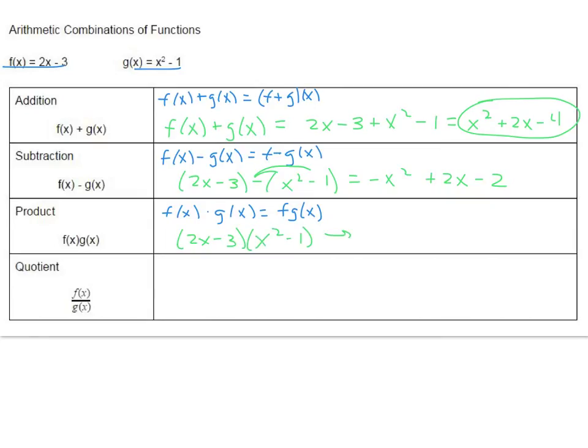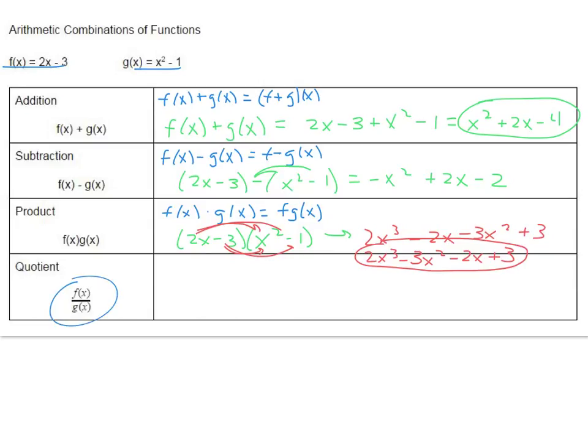And my product there is going to be 2x cubed minus 2x minus 3x squared plus 3. And if I rewrite, I'll have 2x cubed minus 3x squared minus 2x plus 3. And there's my answer.